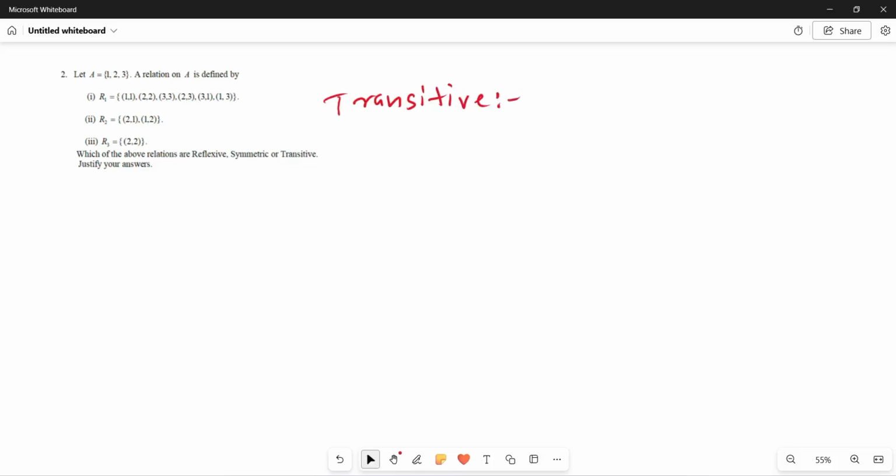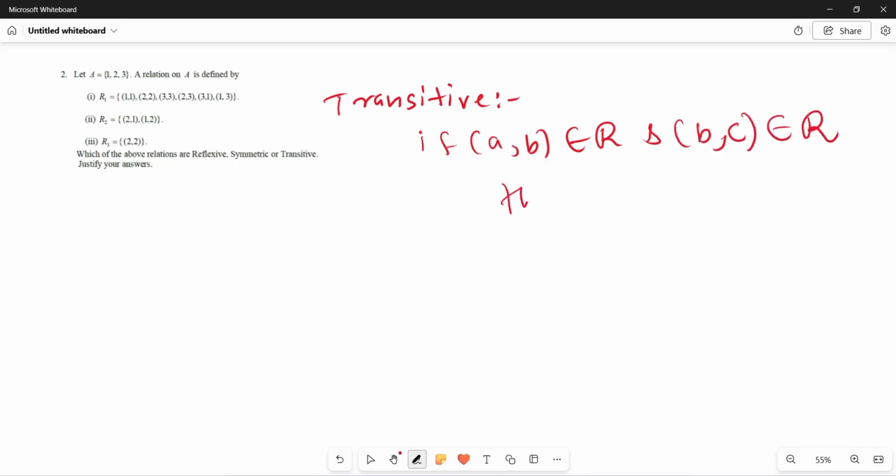Transitive means in the ordered pair, if (A, B) belongs to R, and the ending element is B, we'll take another one like C, (B, C) also belongs to R, then this should imply (A, C) belongs to R. That means if (A, B) is in the relation and (B, C) is also in the relation, then (A, C) is also in the relation.